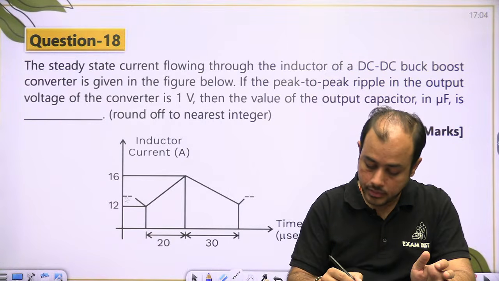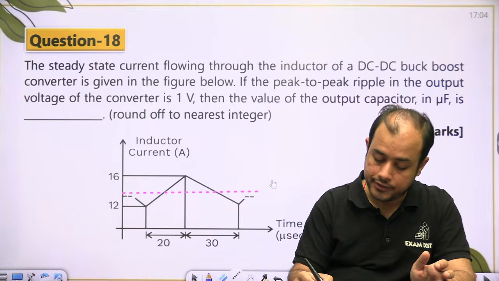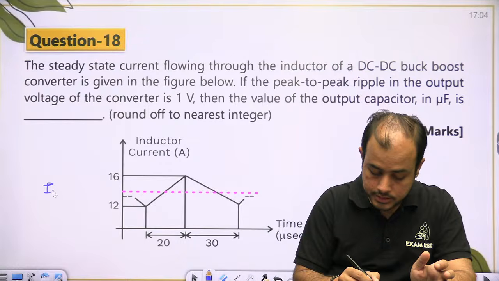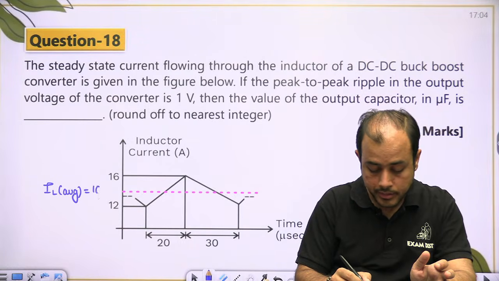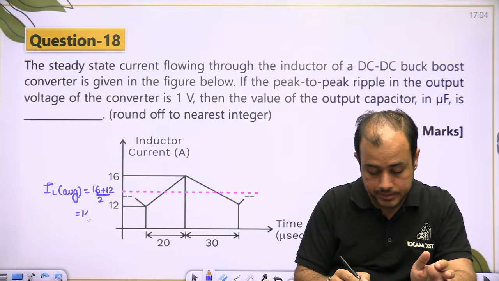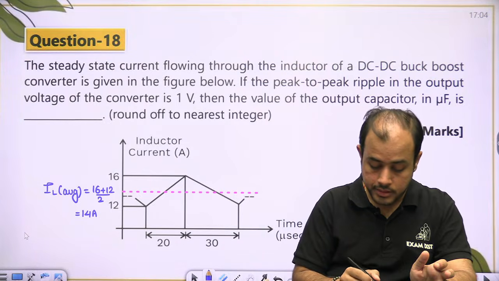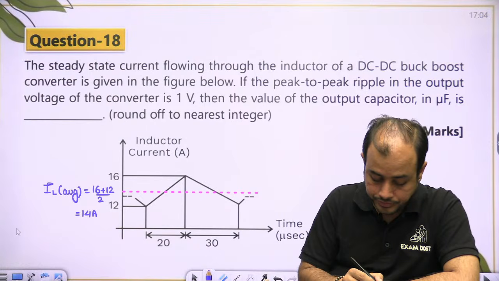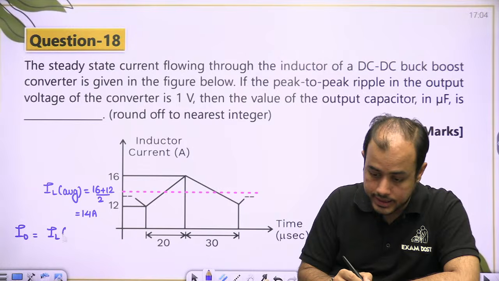Now beta, in a straight line graph, the average inductor current will be the midpoint. Okay. Now, what happens is, I naught is IL.